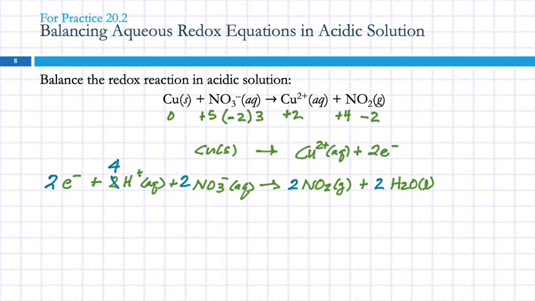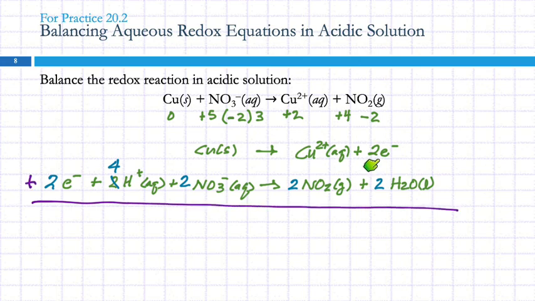Now we're going to add them together. I have 2 electrons on this side, and those cancel with the 2 electrons on the other side. That should always happen.